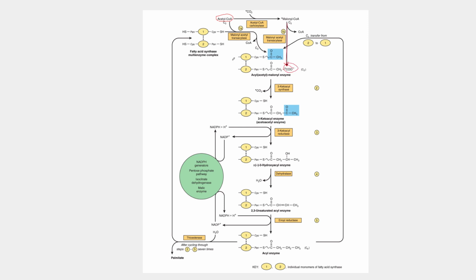So what you can see here is that this enzyme complex then transfers this malonyl-CoA to our acyl group in a subsequent decarboxylation reaction. And then we undergo a series of reactions of dehydration and reduction reactions, which require our NADPH. And the final product of this process, shown here, is palmitate. And this is after cycling through several iterations of adding malonyl-CoA to elongate our chain to a C16 carbon molecule.